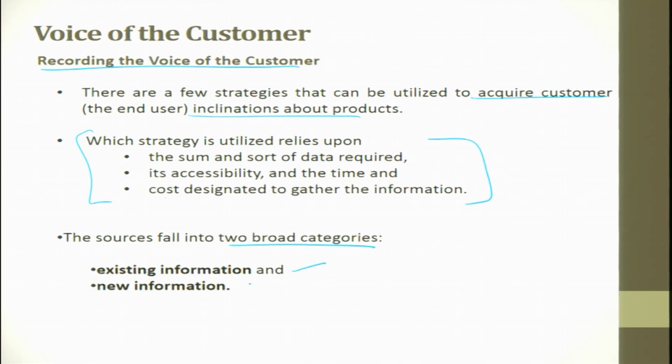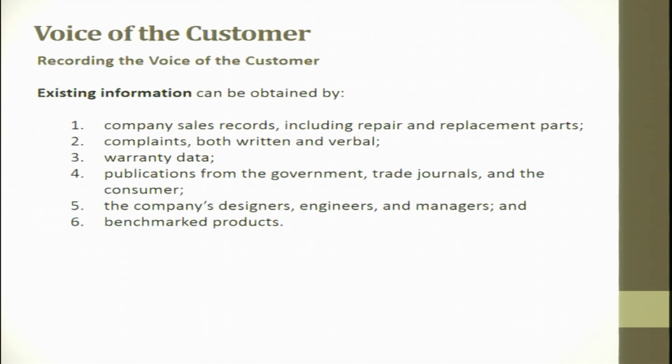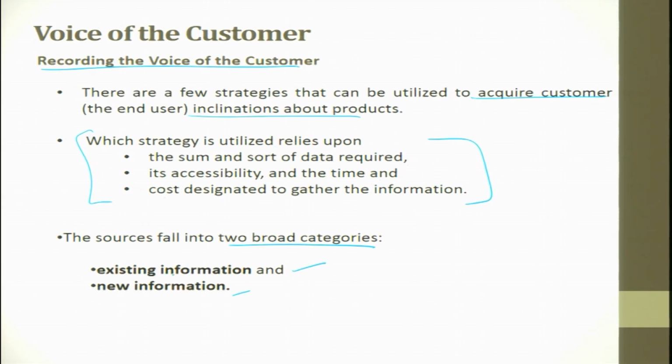One is existing information, the other is new information, what you get by doing this recording. So this is all understanding the voice of the customer. Suppose you decide that you want to know about the product but you don't have many customers, so you look at existing information. If you want to talk to people and then generate something, that is called new information.